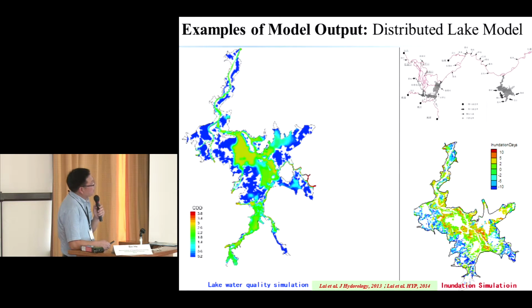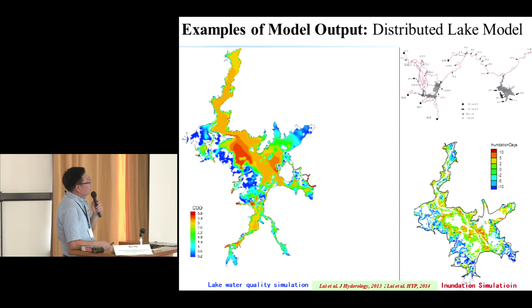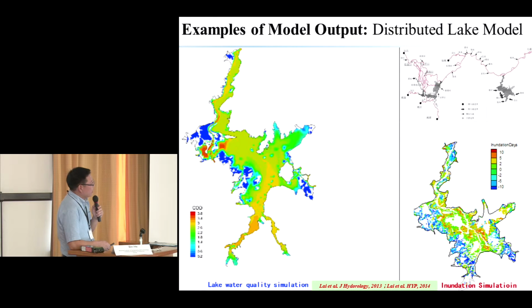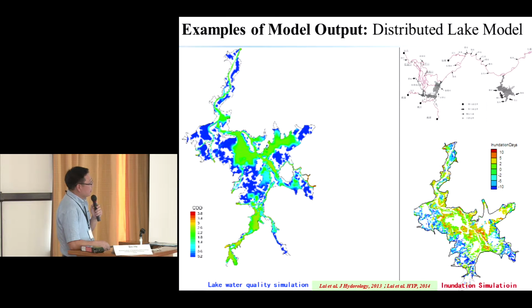And for the lake part, this just shows an example of the model output. We use the export from the basin scale, the nitrogen and the phosphorus and COD loading. We can simulate the spatial and temporal distribution of the COD, DO, and temperature, the total nitrogen, like that.